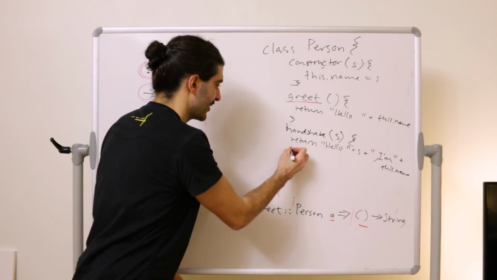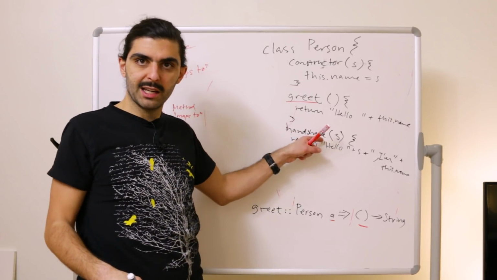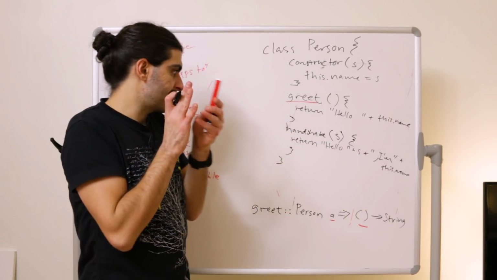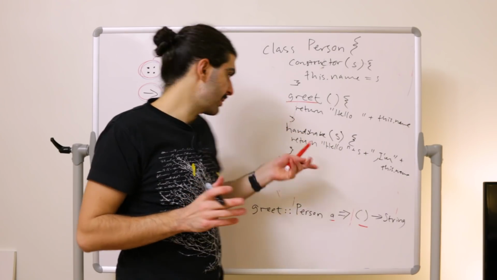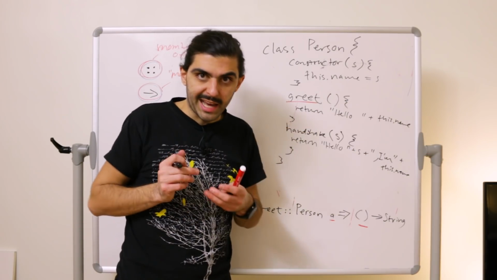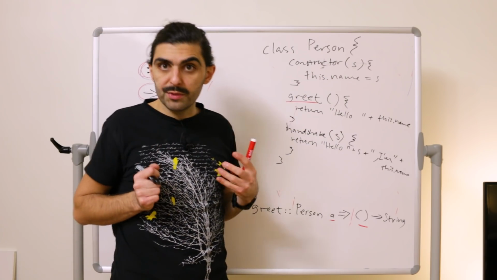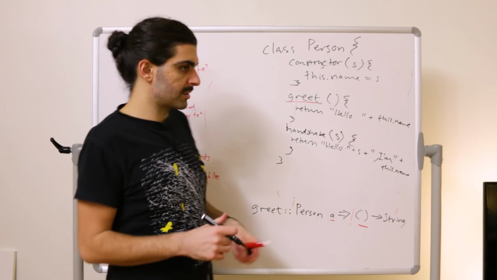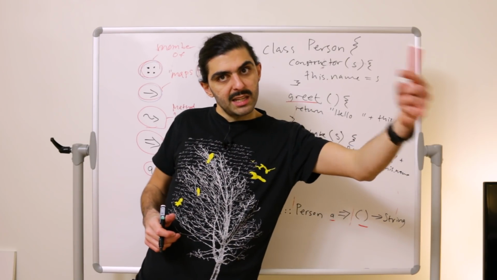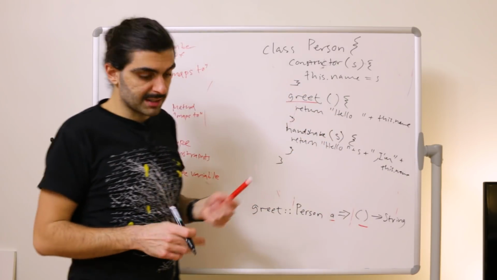Sorry, that turns out a bit messy, but essentially the method handshake takes a string, which is another person's name, and simply responds with hello, that person's name, I am, and then we concatenate in our own name. So it's a mix of the name that we're being passed in as an argument and the name that I have as an instance member of my instance.